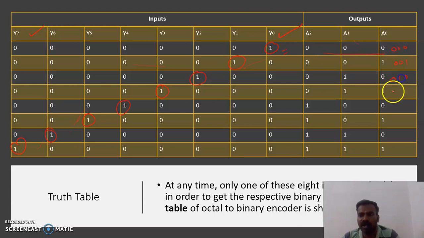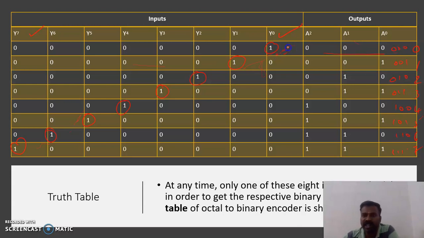The next combination 010, 011, 100, 101, 110, 111. So these are all in the proper ascending order of decimal number. That is, this is 0, this is 1, 2, 3, 4, 5, 6, 7. So that's why these outputs are given in the proper ascending order of all the combinations of input.